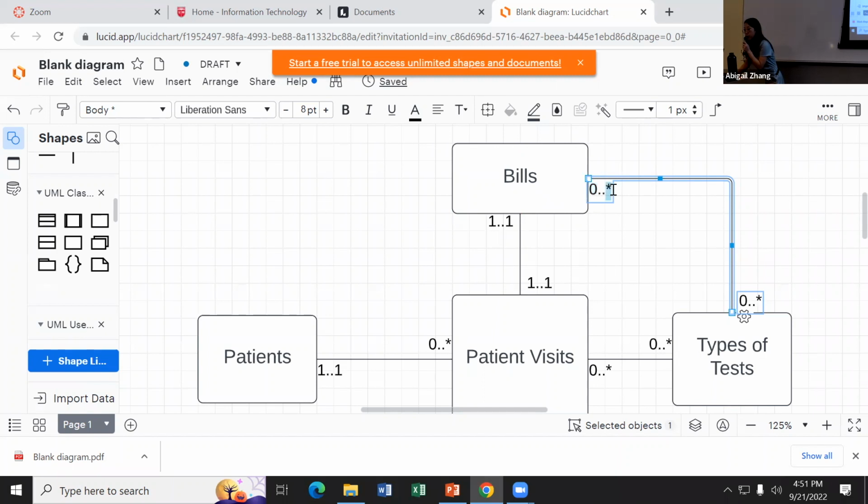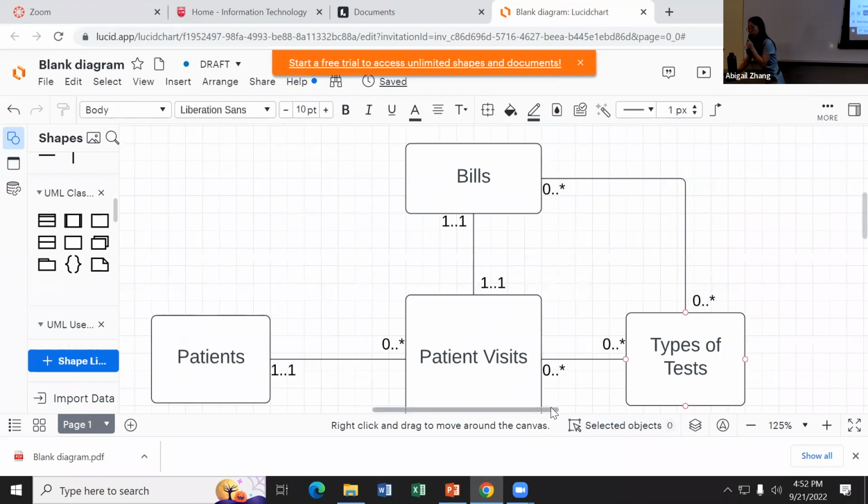But for a type of test that is very common, for example a regular blood test, different patients may need the same type of test, and therefore it will be reflected in different bills. So that is why it is a many-to-many relationship.